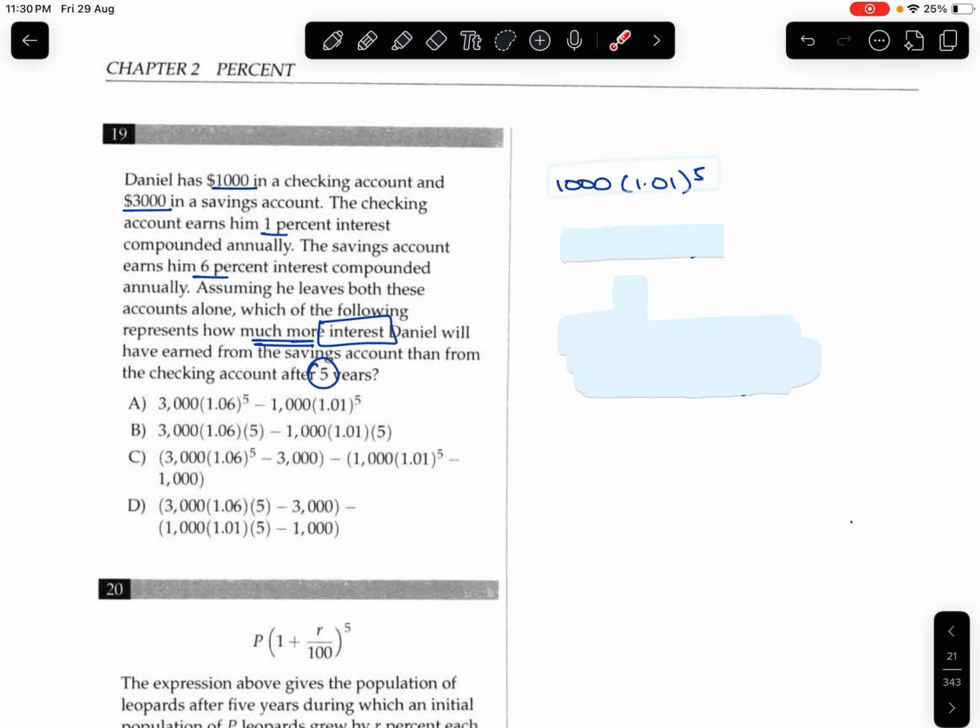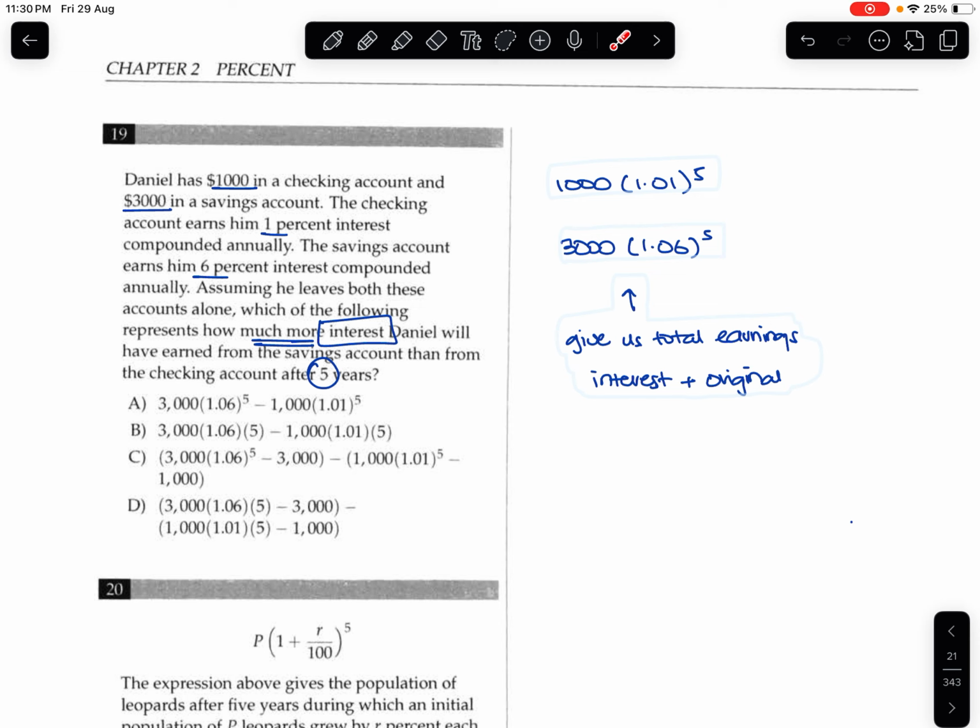Now, for the savings account, our original is $3,000, our rate is 6%, and it's also raised to the power of 5. So, what expression would give you what the question is asking? What is it asking? Look again carefully. It's asking how much more interest will Daniel earn. So, from these formulas, we will get the total amount of money in both his accounts after 5 years.